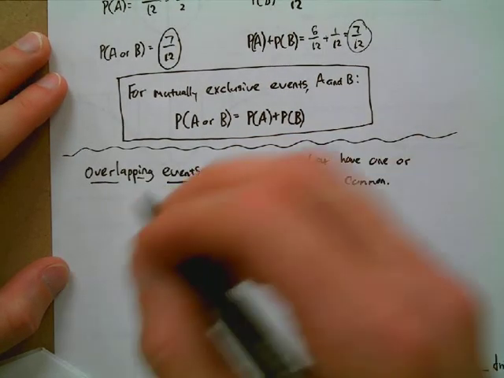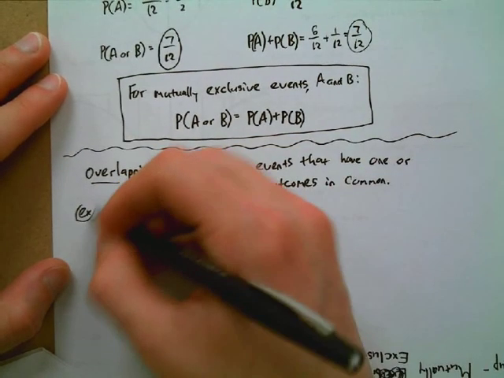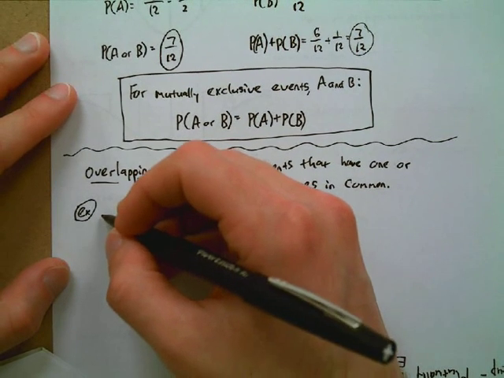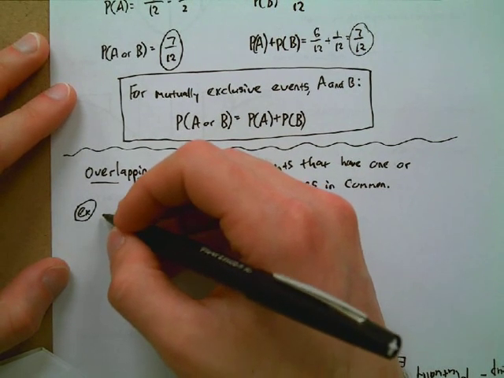All right, so let's do our example here. We'll do the same thing. Let's say we're again rolling a numbered dodecahedron, again 12-sided.